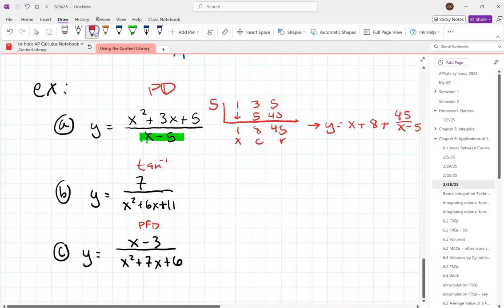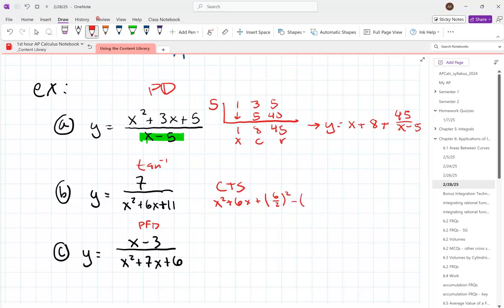The next one is doing the tan inverse. To do the tan inverse, though, before I do that, I have to do a completing the square on the bottom. So I'm going to take that middle term, the linear term, take that coefficient, divide it by 2 and square it.